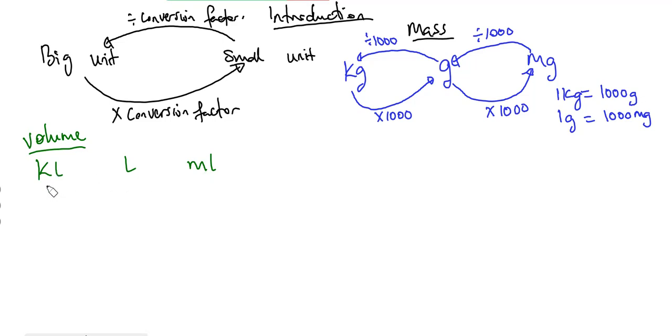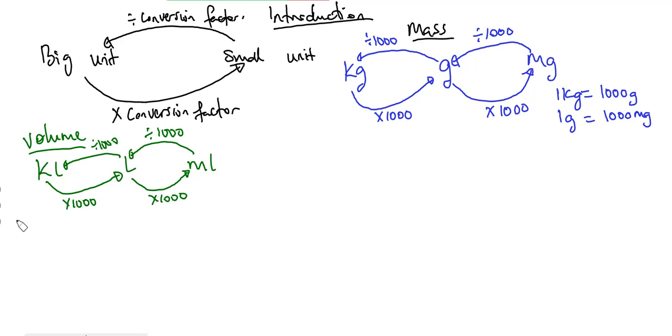Moving from kiloliters to liters is times 1,000, and from liters to milliliters is also times 1,000. Moving back from milliliters to liters is division, you divide by 1,000, and liters to kiloliters you also divide by 1,000.